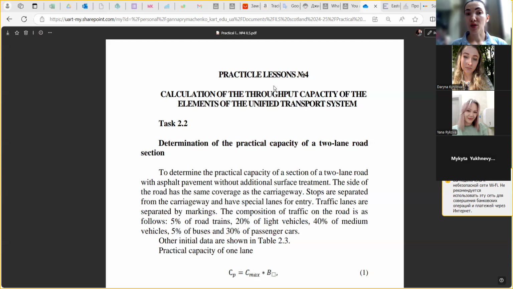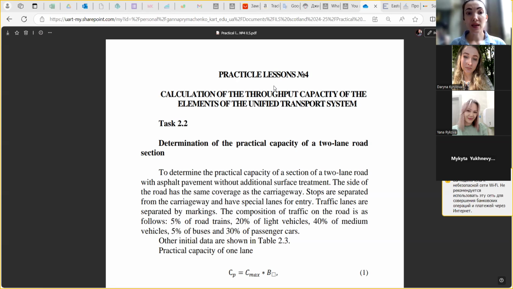It is to determine the practical capacity of a section of a two-lane road with a scale pavement without additional surface treatment. It is important because when we have a one-lane or two-lane road, we need to know how many cars or different kinds of transport we can put through this lane. So the capacity is very important information, and we learn how we can find it.